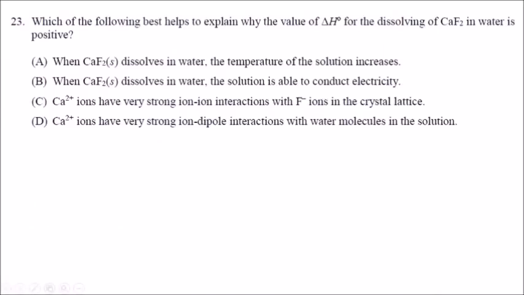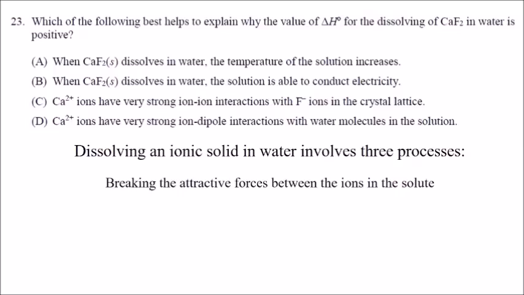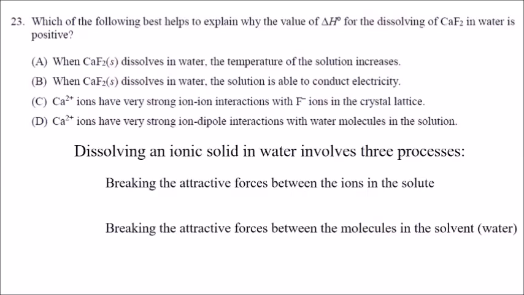In number 23, which of the following best helps explain why the value of delta H for the dissolving of calcium fluoride in water is positive? Now when an ionic solid dissolves in water, there are 3 processes. One of these processes is breaking the attractive forces between the ions. Okay, that's going to be endothermic. The other would be breaking the attractive forces in the solvent, in this case the water, that's also endothermic.